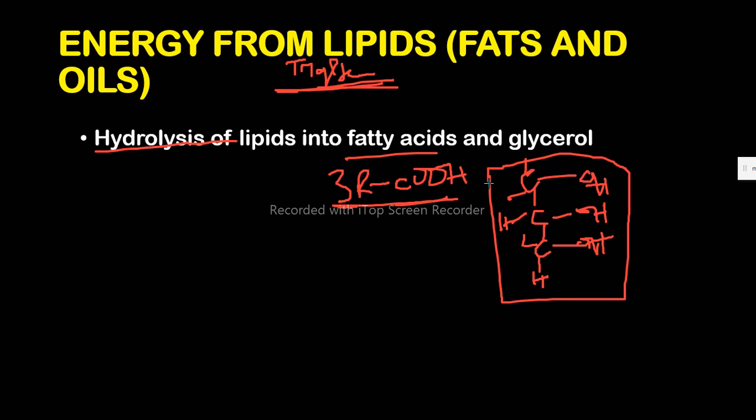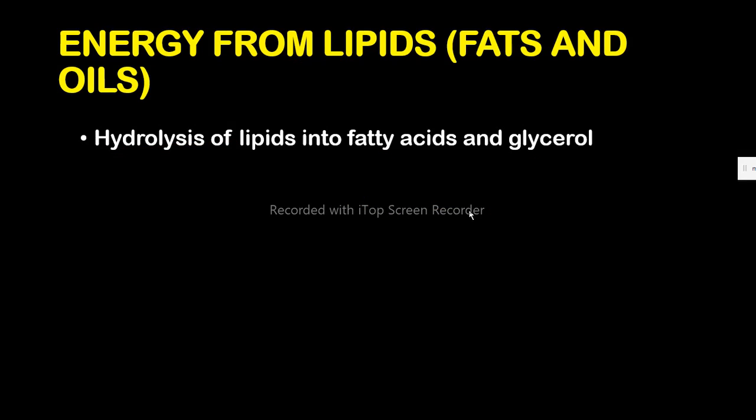Now after hydrolyzing, these fatty acids will be broken down into small segments of 2 carbon chain, and each segment will be fed into the main metabolism using the enzyme CoA, where it will combine to form acetyl CoA.